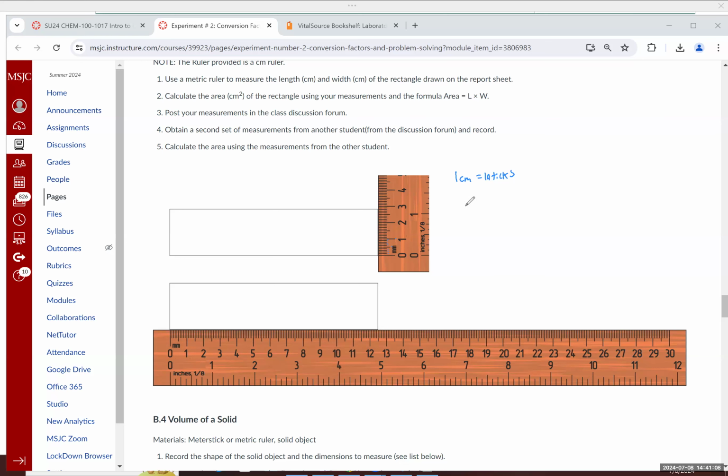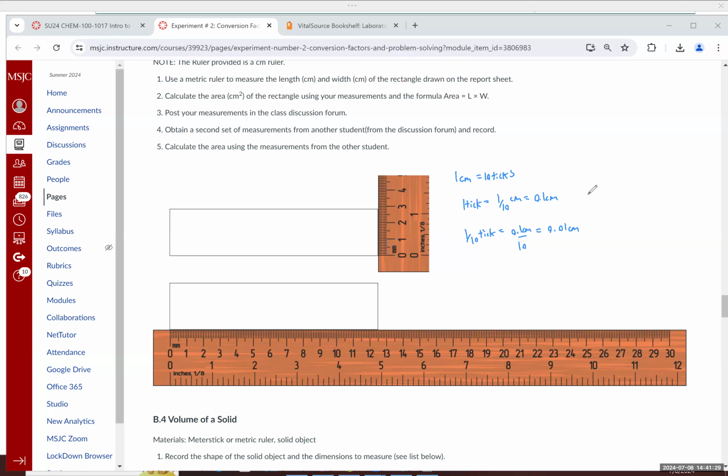So then we know that 1 tick mark corresponds to 1/10 of a centimeter, 0.1 centimeter. And we also know that 1/10 of a tick corresponds to 0.1 centimeter over 10, which is 0.01 centimeters.